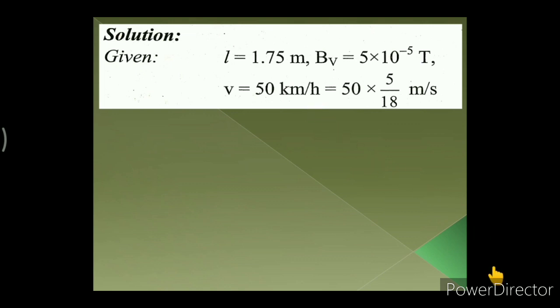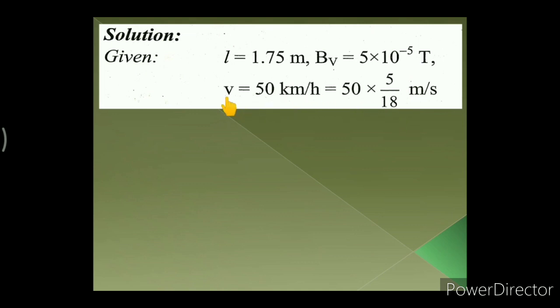So, when we are converting 50 km per hour into meter per second, that 50 must be multiplied with 1000 upon 3600. The ratio of 1000 upon 3600 comes to 5 upon 18.